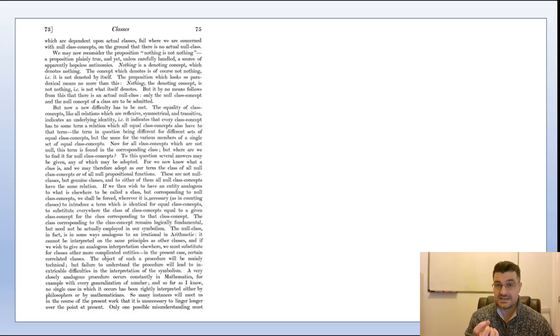There is a definite something there, but in the case of the null class, there isn't something there. So the relation seems to be different. Something breaks down in the case of the null class or null class concepts. Now, for all class concepts which are not null, this term is found in the corresponding class. But where are we to find it for null class concepts?